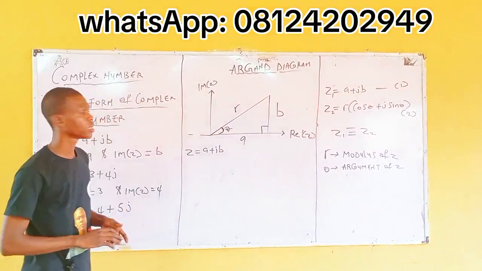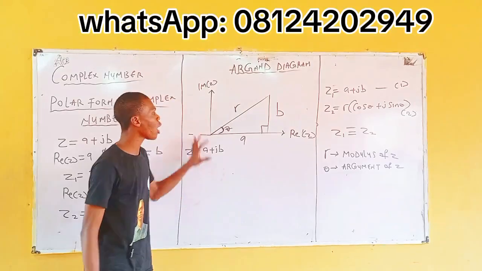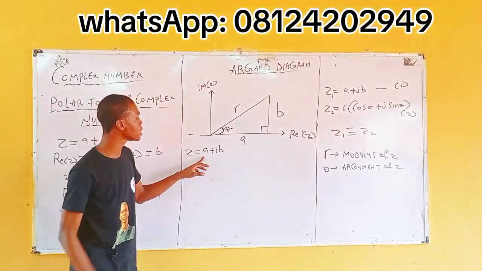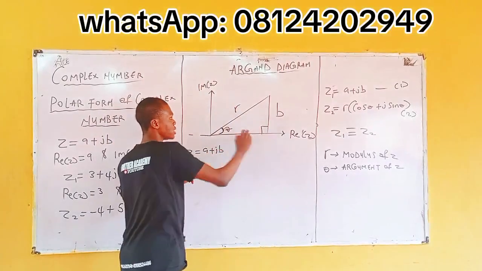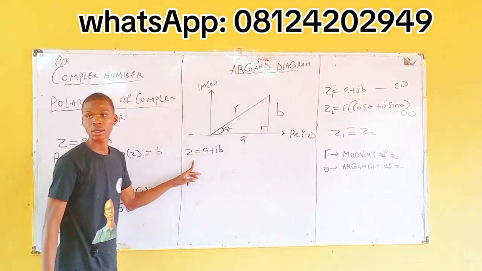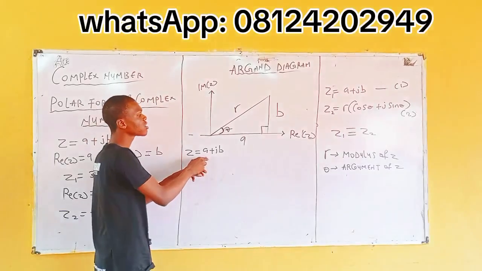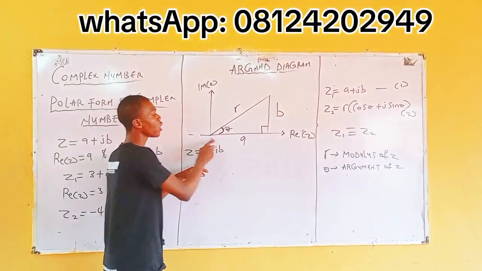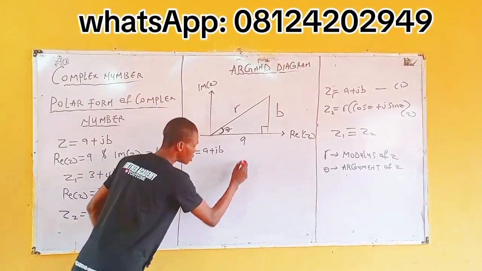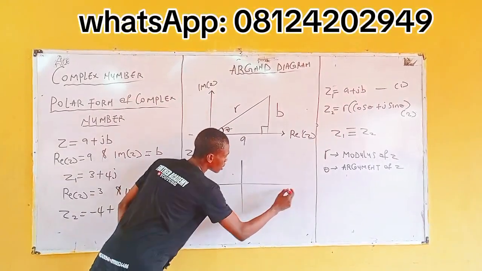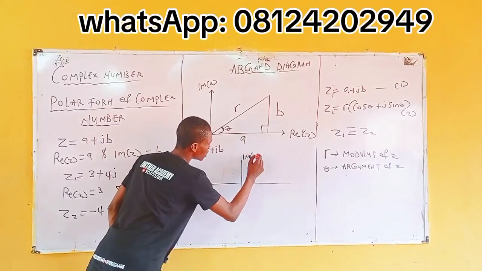Are you getting me? Now my question is, what we did here, we represented z equals a plus jb in this manner. Is it correct? From here, the real axis of z, where you denoted it, is it correct? This is the imaginary part of z.